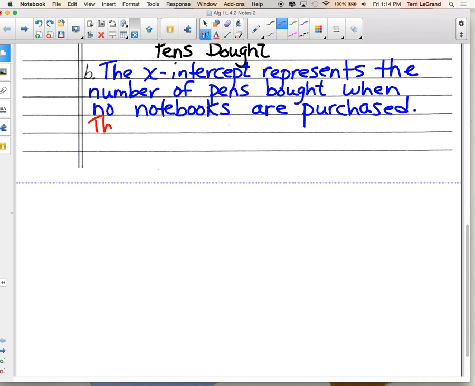The y-intercept represents... Okay, don't give me another chance here. Do it completely. The y-intercept is the number of notebooks bought when no pens were bought.